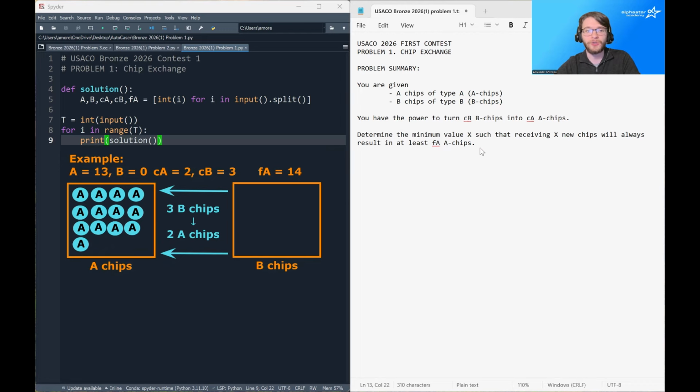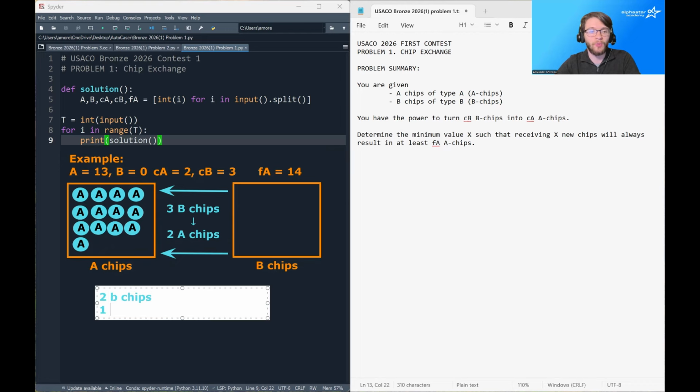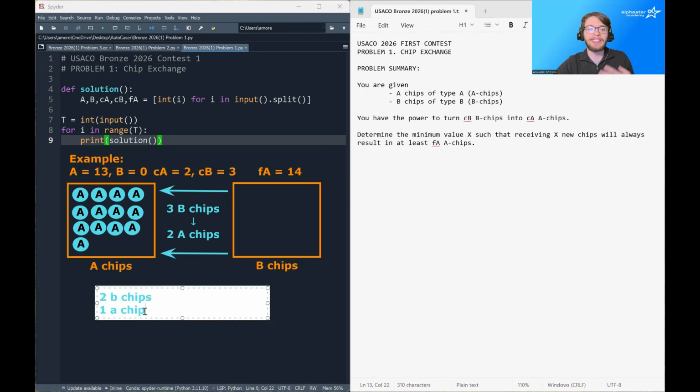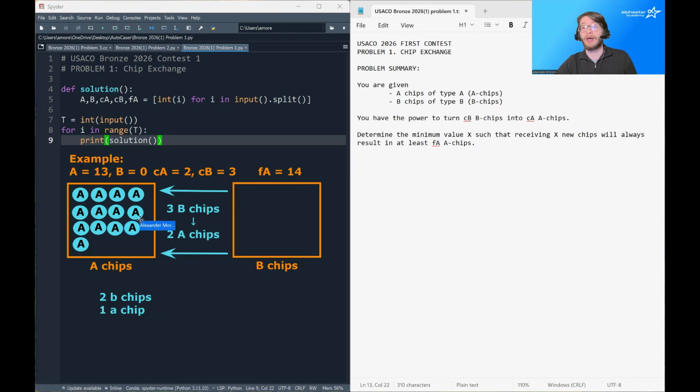So far, just to keep track of what we have done here, we have given ourselves 2 B chips, and we've given 1 A chip. The idea behind the B chips is it's slower to produce A chips using B chips, so that's the optimal strategy. And the idea behind this singular A chip is that giving myself this 1 A chip is not helpful, right?